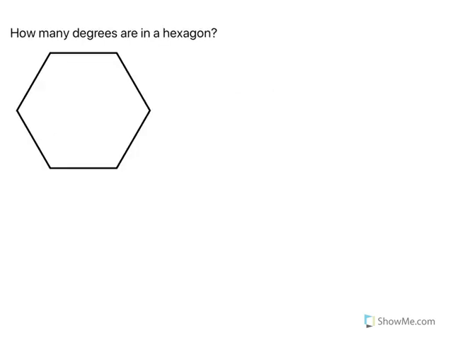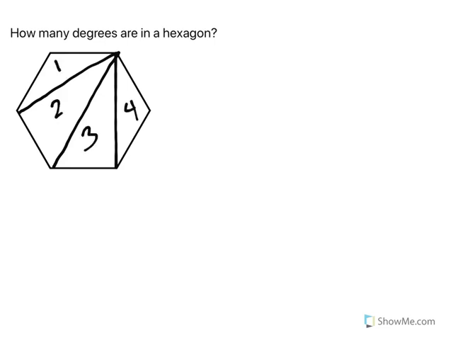Now we're going to apply that same strategy to the hexagon. As we add sides to polygons, it gets a little bit more difficult to figure out how we should draw these lines so that we don't have intersecting inside the center of the shape. So if we draw vertex to vertex, and yours might look a little bit different than mine, you should end up with 4 triangles.